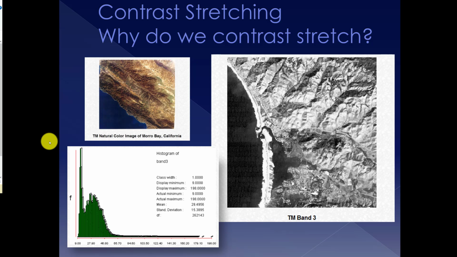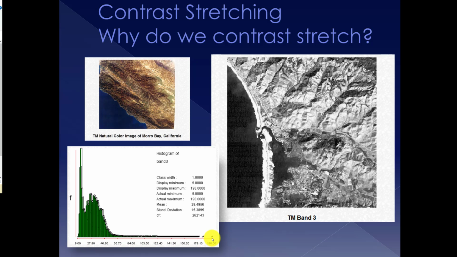Okay, so this is our natural color image of Morro Bay, and we can see here band 3 represented on the right in shades of gray. So we know that that is a band that's collected within a certain portion of the electromagnetic spectrum, and we are seeing the digital numbers.